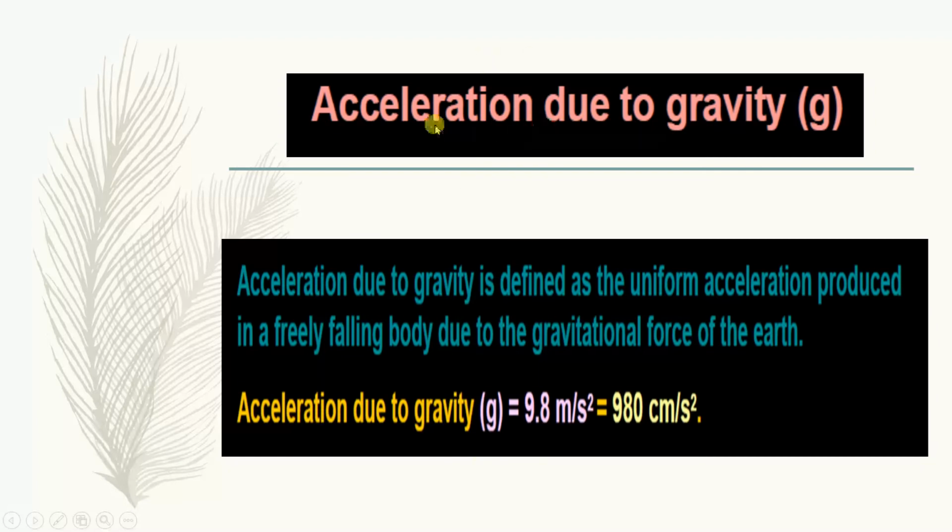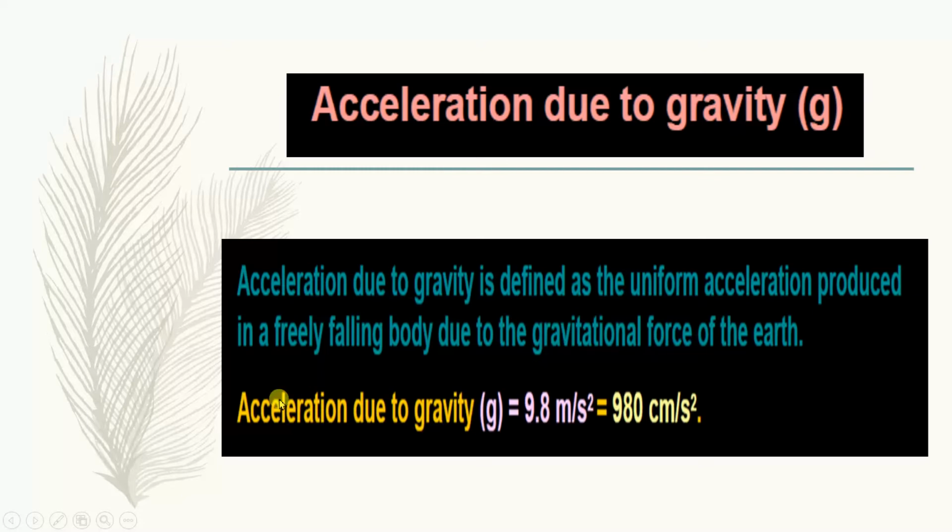Let's see. Acceleration due to gravity. This is g, as we have discussed. The definition is, acceleration due to gravity is defined as the uniform, constant acceleration produced in the freely falling body due to the action of the gravitational force of the earth.